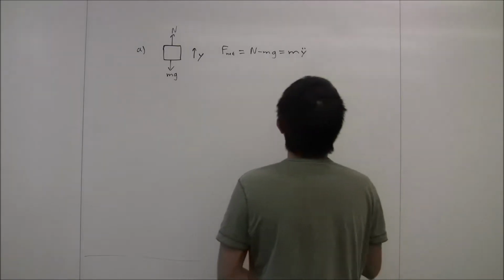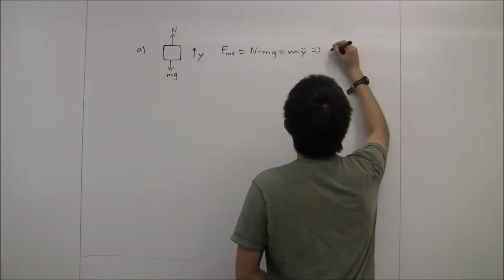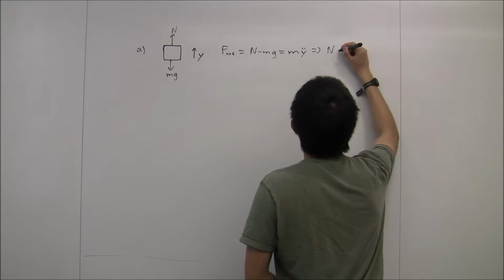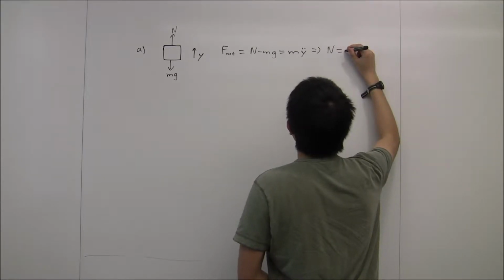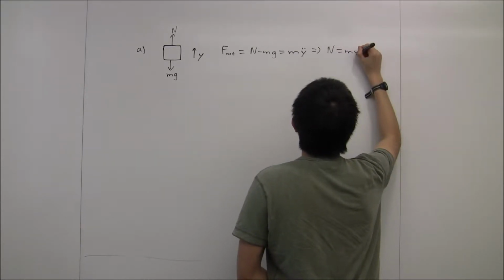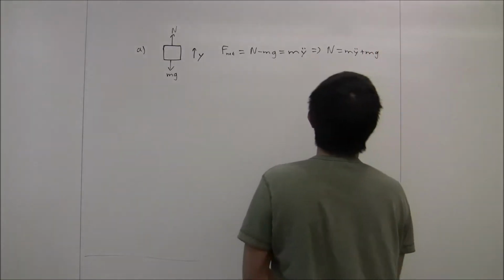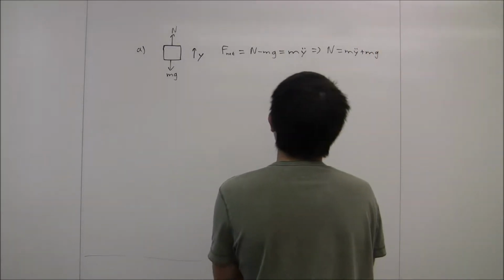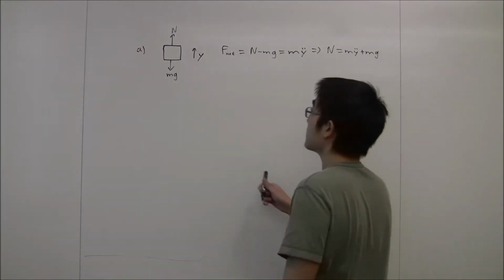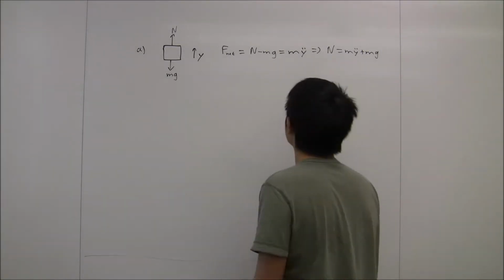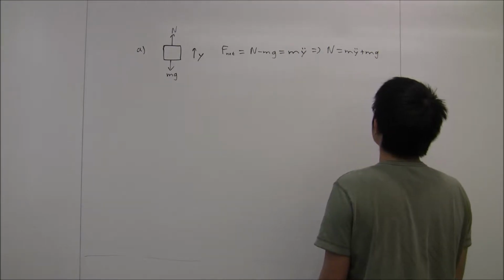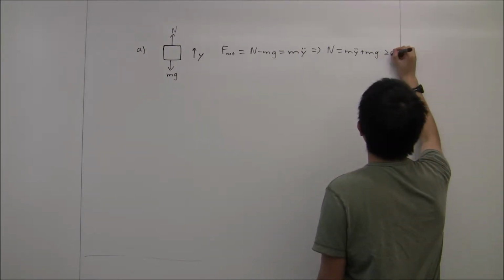Alright, so this means that n is equal to m y double dot plus mg. In order for the block to remain in contact with the platform, the normal force must be greater than or equal to 0.